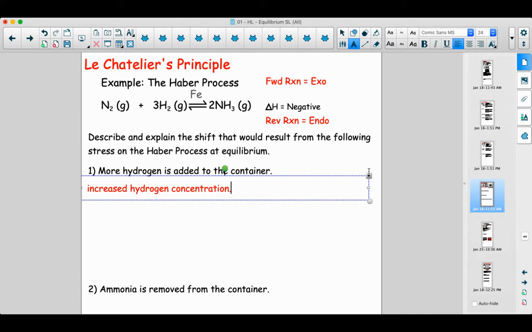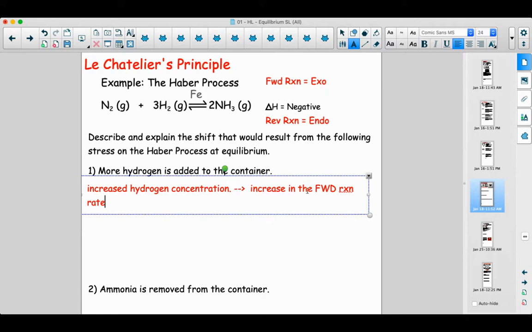If we think about it from a kinetic standpoint, a reaction rate standpoint, if I increase one of the reactant concentrations, it will increase the frequency of collisions with that reactant, and therefore it'll increase the reaction rate that uses that particle. So by increasing the hydrogen concentration, that naturally leads to an increase in the forward reaction rate. That's kind of a collision theory way to think through it.